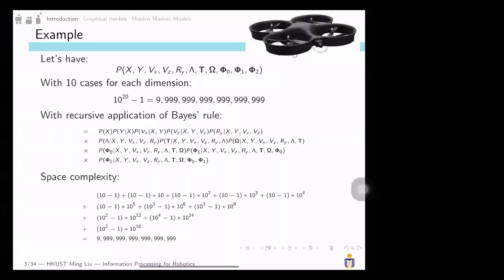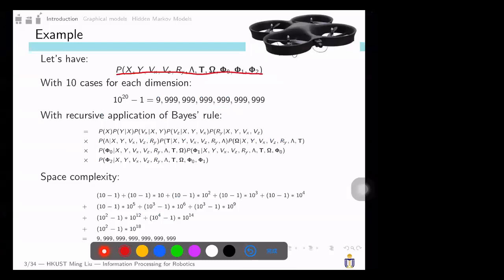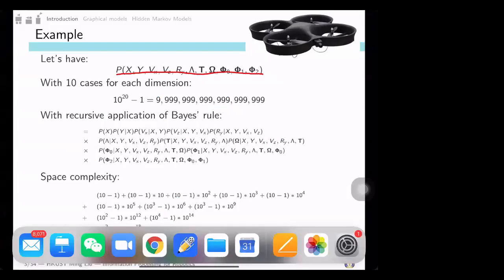How can you describe that? You need a high-dimensional table. Let me give you an example. Let's say you have a mobile robot with wheels, and you put this robot into an environment.